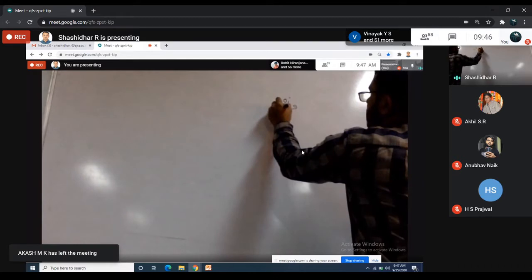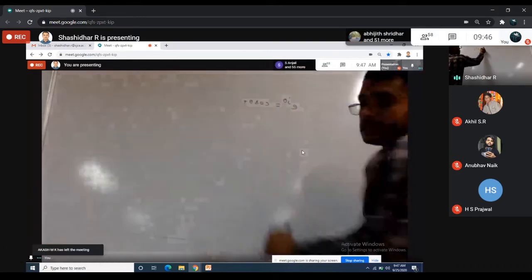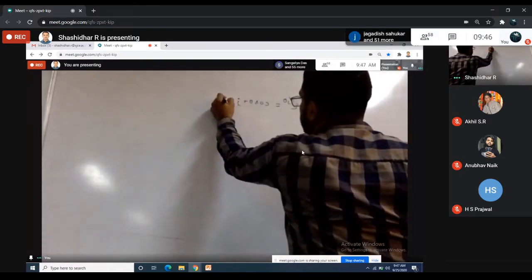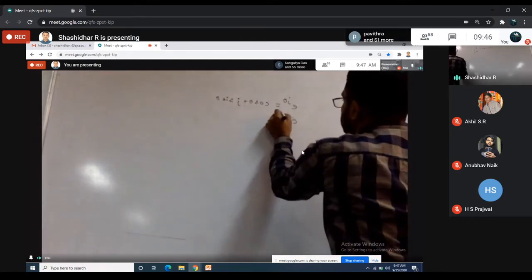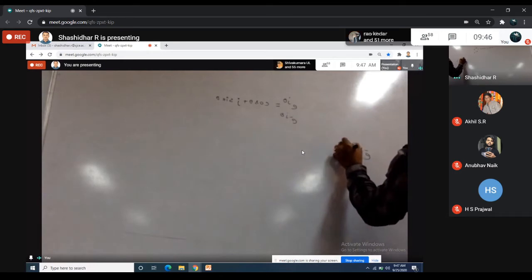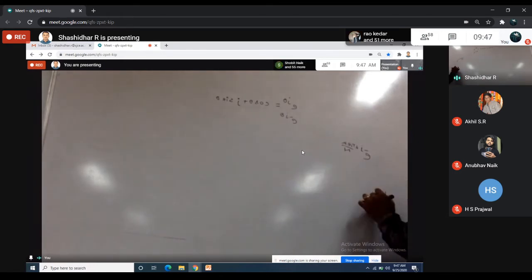What is e power j theta? It is equal to cos theta plus j sin theta. Okay, e power minus j theta, for example, e to the power of minus j 2 pi nk divided by N. Last class we discussed W_N to the power of nk, right?